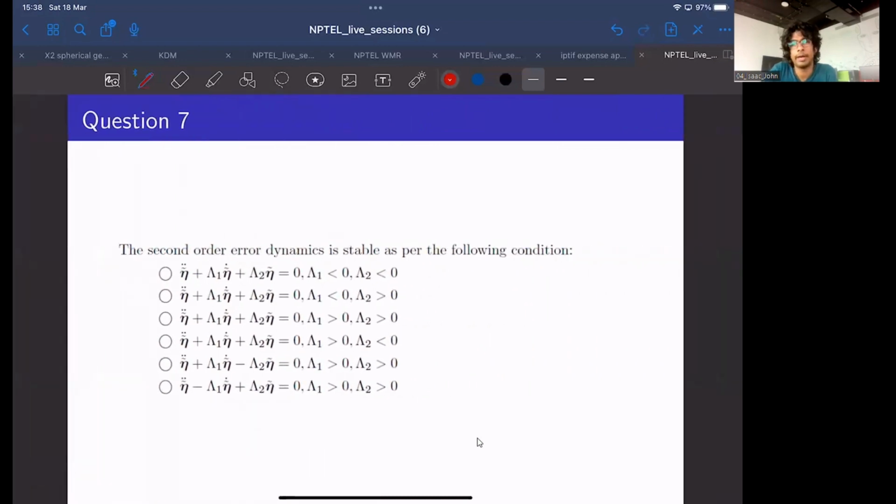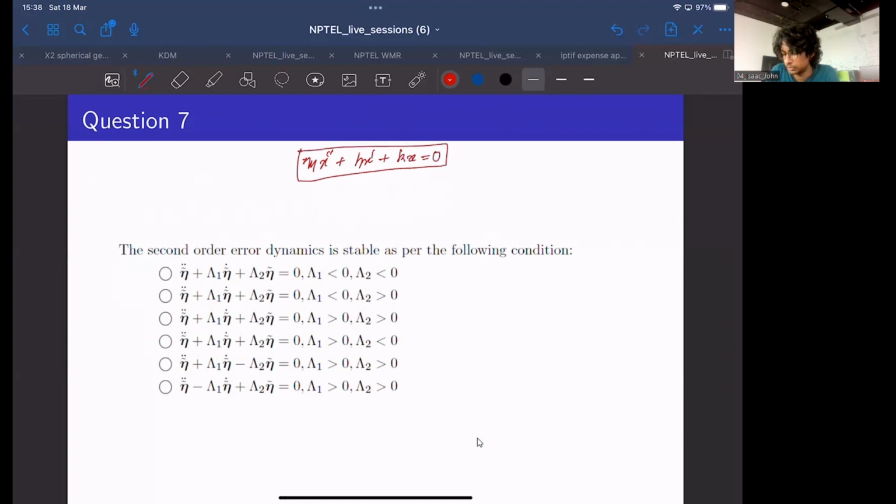Okay. And question 7 says the second order dynamics is stable as per the following criterion: eta tilde double dot plus lambda 1 eta tilde dot plus lambda 2 eta tilde equal to 0. So again, you might have come across a lot of second order systems. It's similar to a spring mass damper system: m x double dot plus p x dot plus k x equal to 0.